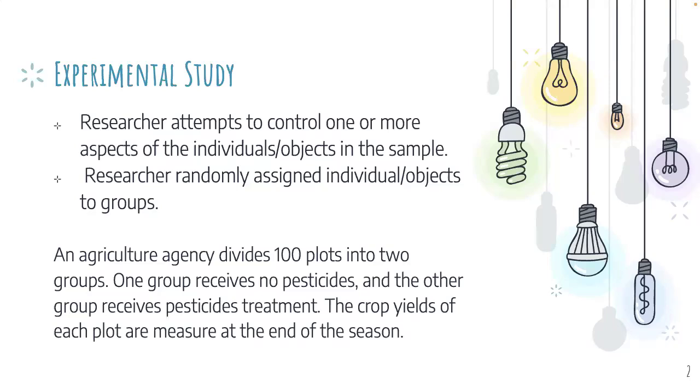One receives the pesticides, the other one is not receiving any sort of treatment. And at the end of the season, we are going to measure the crop yields for each of the plots and see whether or not receiving the pesticides makes a difference. This is an experiment. We are controlling whether or not the group receives the pesticides.